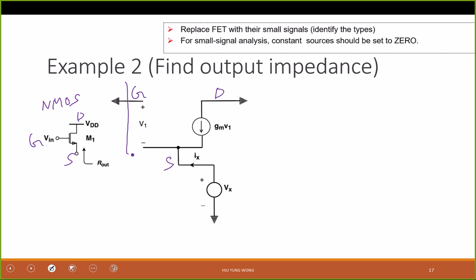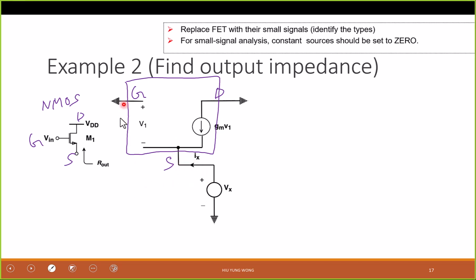I have this one coming from my cheat sheet. Right? I just replace this 3 terminal with this. And then start to ask, what is the drain? Drain connected to VDD, so it's grounded, right? Source is where I want to test, apply a Vx and measure the Ix.